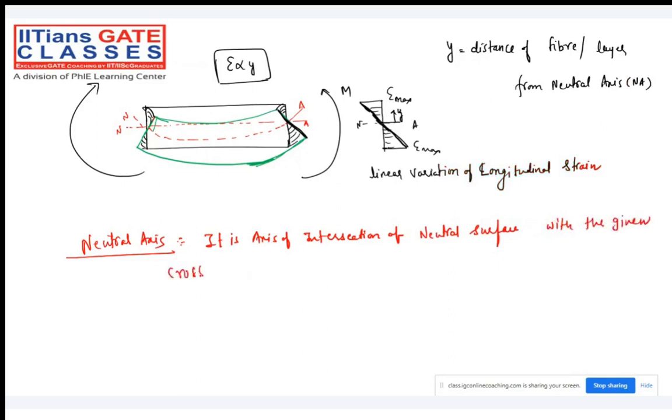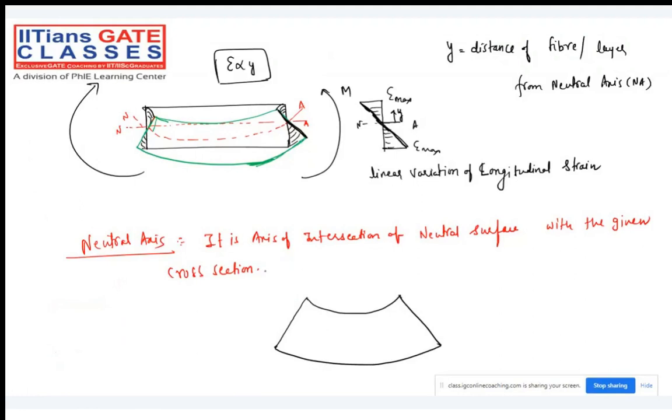With a particular given cross section, we can have the neutral axis. Let me show that so that you can get the feeling of bending. The neutral surface will not bend and will not stretch.